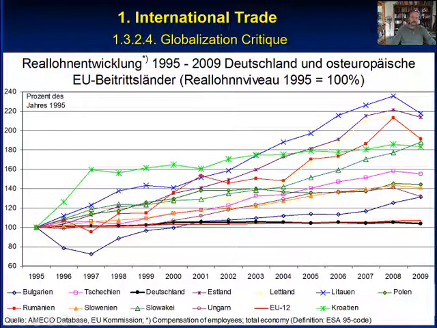Again, it is obvious that the real wages of these East European countries had grown much faster than the real wage of Germany. Hence, the wage gap between East European countries and Germany had become smaller. So the East European countries also experienced a catch-up process of their wages.